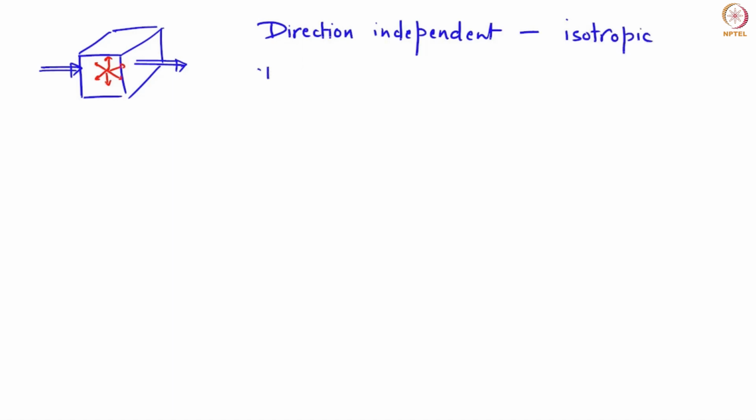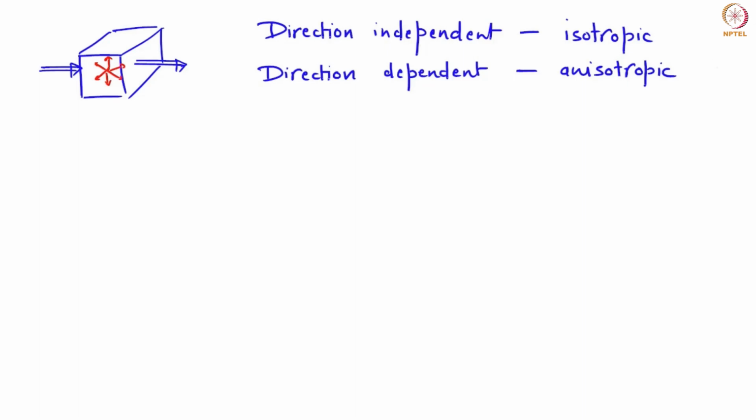And of course, then we also have other types of materials which will offer direction dependent properties. And why would that happen, by the way? If you have a certain type of molecular structure, crystal structure, in that case, what you will have is what is known as the anisotropic properties. Now, in the case of carbon, interestingly, you will see the examples of both.